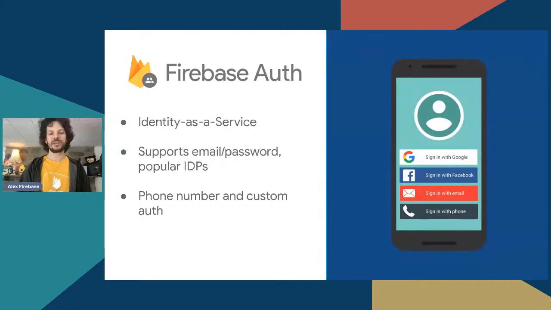Out of the box, you get a UI optimized to give your users a good experience. And also, we make it really easy for you to integrate this with any system that you might need by, for instance, looking at the JWT tokens that we generate. So if you have a third-party auth system that you need to integrate with, or you have a corporate enterprise environment that you need to interop with, you can just reuse the token that Firebase generates for you and authenticate your users with them as well.